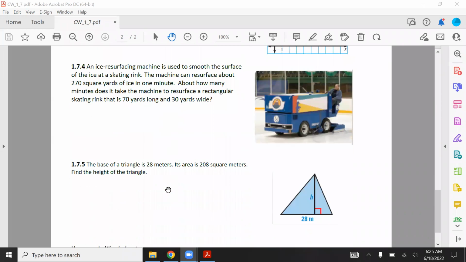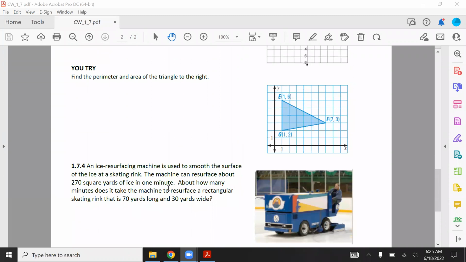So here it says you try. It's a good opportunity for you to probably pause the video, but I'll do it anyway. Okay. But see if you could do it on your own before you watch me do it. All right, let me do it. So that's 4. That's 6 and 3. I could do this quickly in my head.